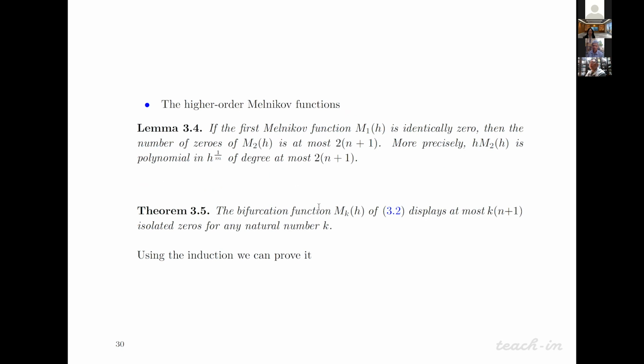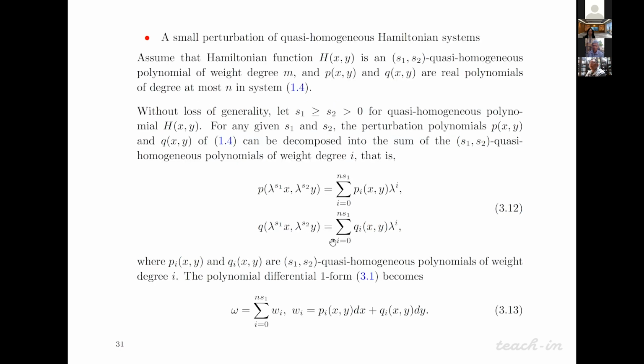And so we get that the k-th Melnikov function has at most k times n plus 1 isolated zeros. For this proof, we just use induction. Next, for the small perturbation of a quasi-homogeneous Hamiltonian system, how do we get the bound on the number of isolated zeros?